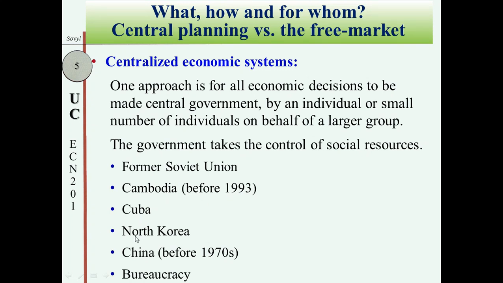Cuba, North Korea, China before the transition economy in 1970. China, Vietnam, for example, in terms of politics they are communist, but in terms of economics they are free market.